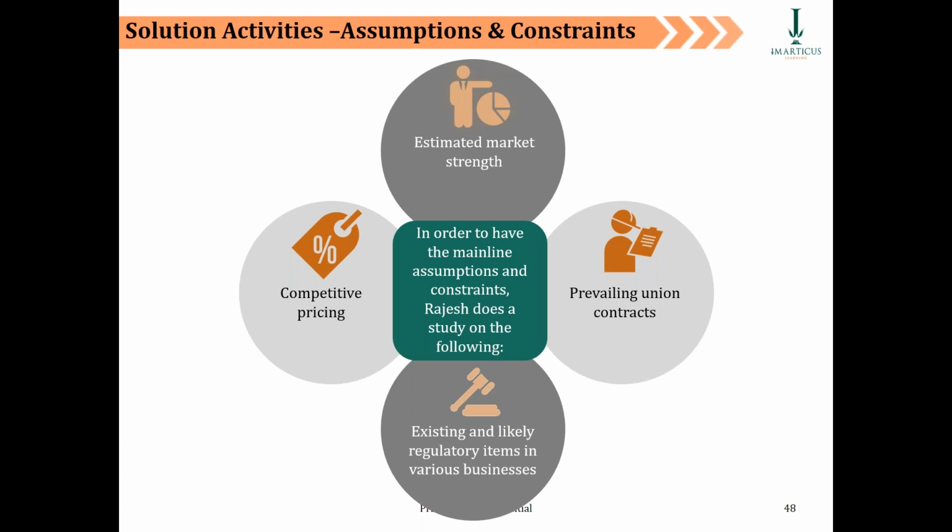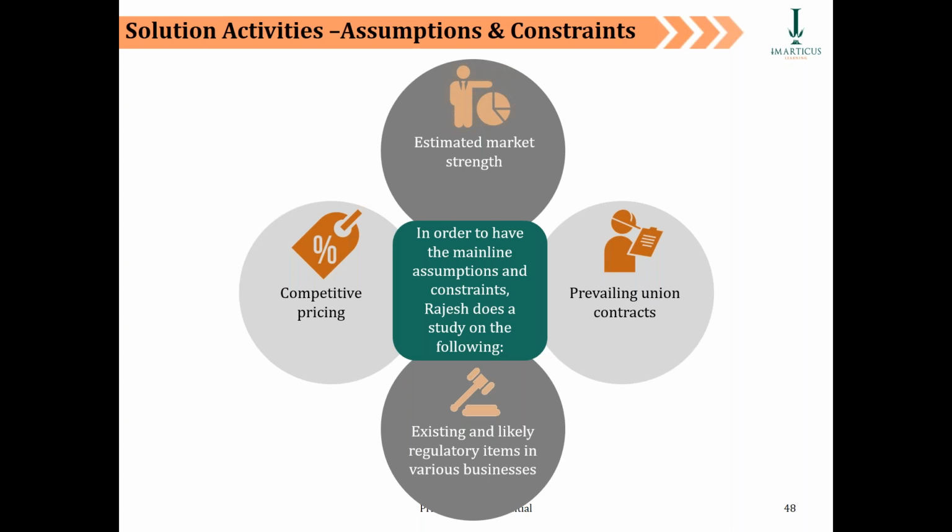Okay, then some of the other constraints are going to be existing regulatory items in your various businesses. So you know which 5 businesses you are dealing with, right? So please make an assumption on what are likely going to be the regulatory items which are going to be there definitely as a mandate from high-speed internet, from call center business, and from other businesses.